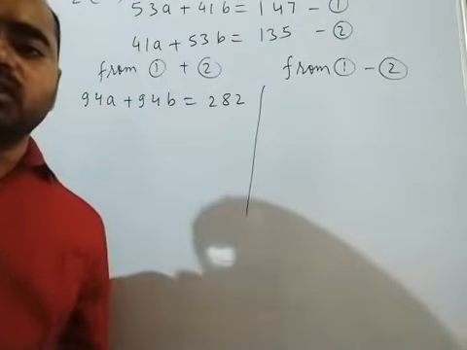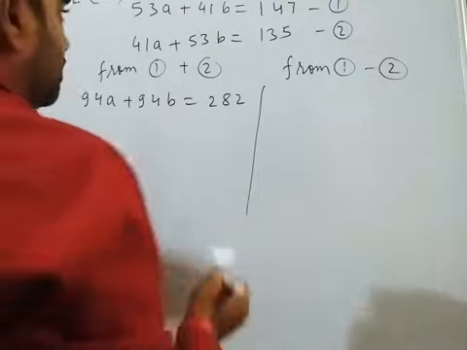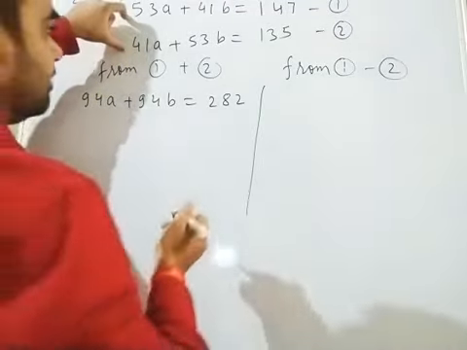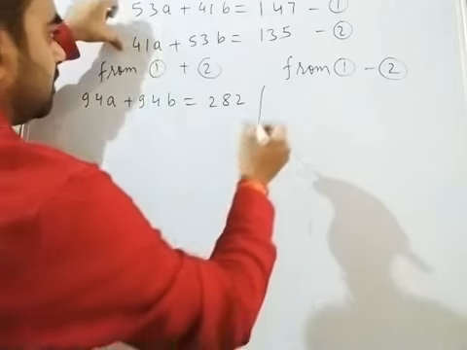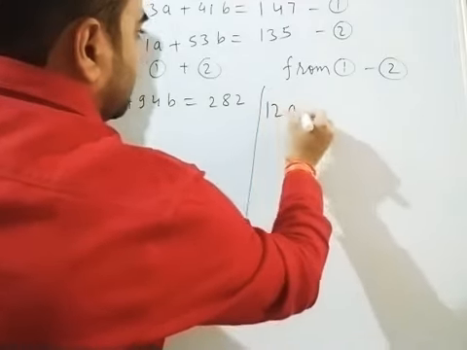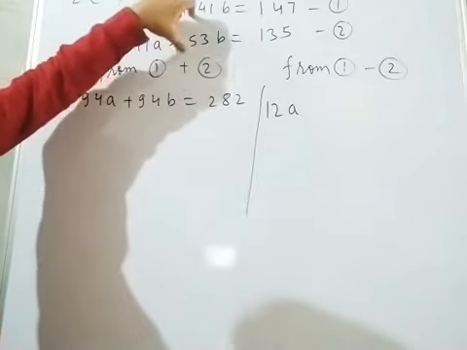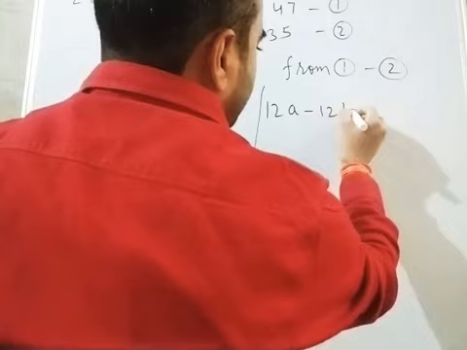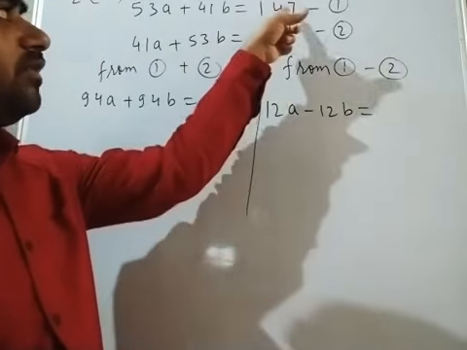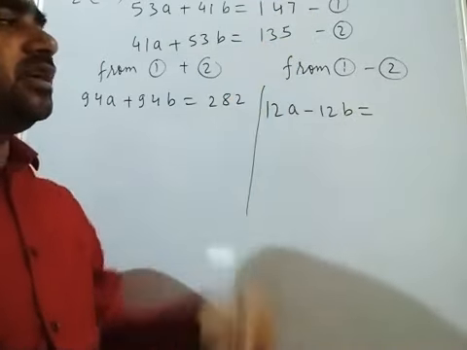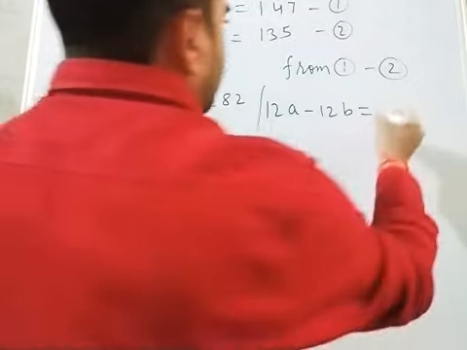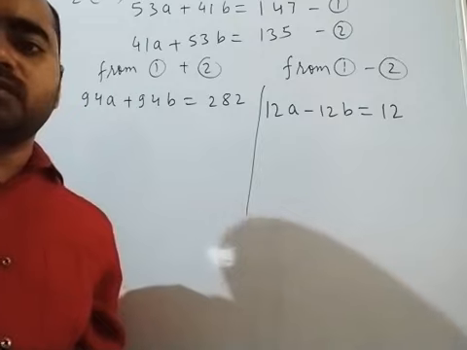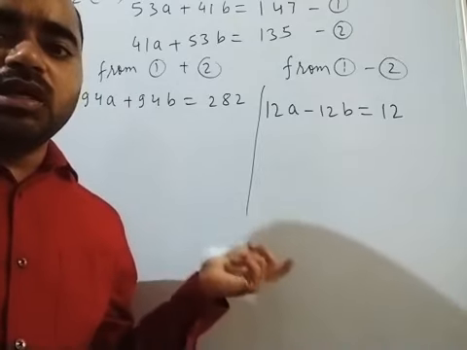Now when you subtract, here 53a minus 41a will become 12a. Here that will become minus 12b. Why? 41 minus 53, it means minus 12b is equal to again 147 minus 135, it means 12. Understood? First step, we will add both the equations and we will subtract both the equations.